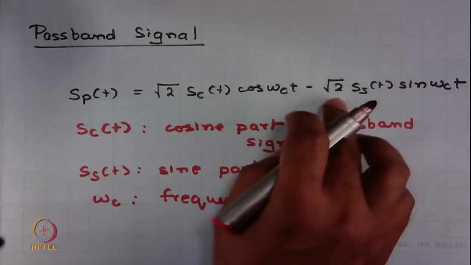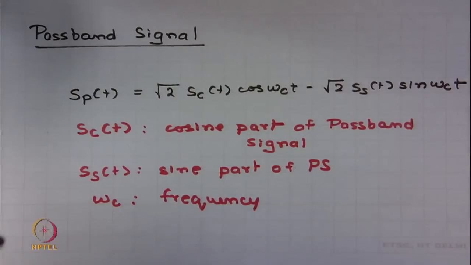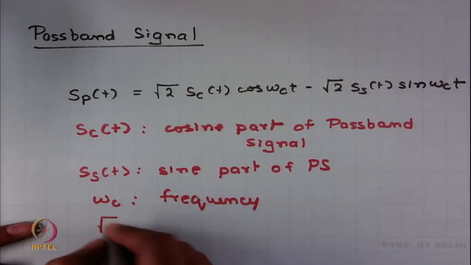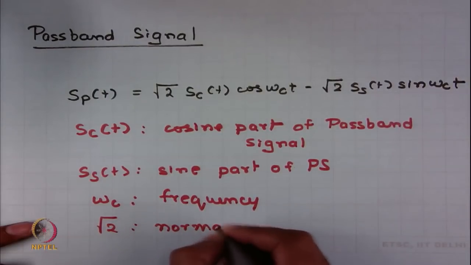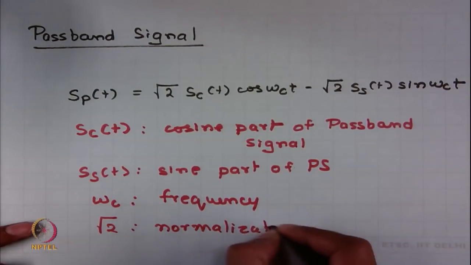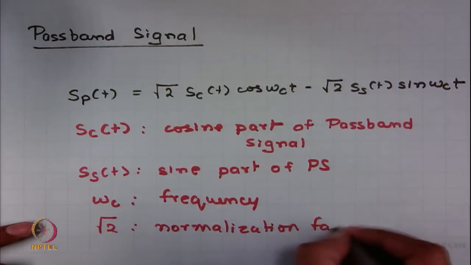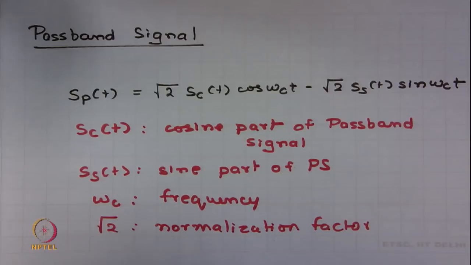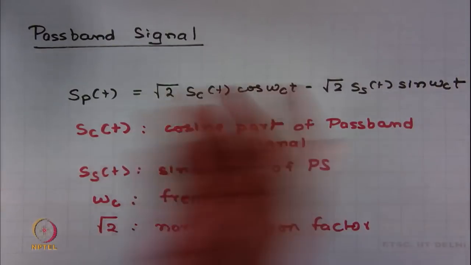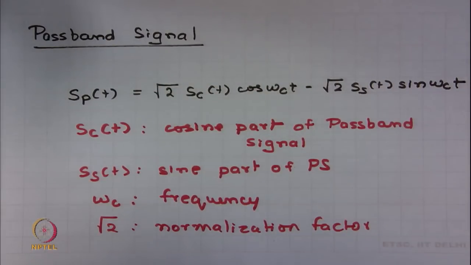Why do we have this root 2 here? So, root 2 is a normalization factor. We write the equation with root 2 for a certain reason, and this reason will eventually become clear. However, there are many textbooks on digital communication systems which do not use this factor of root 2.